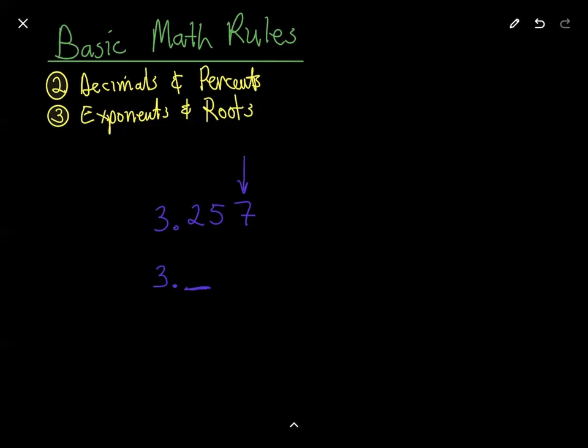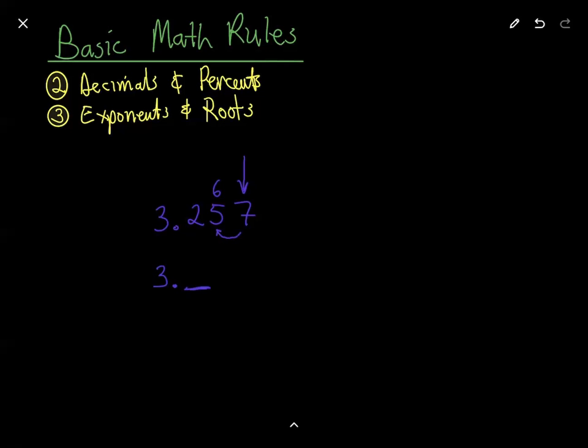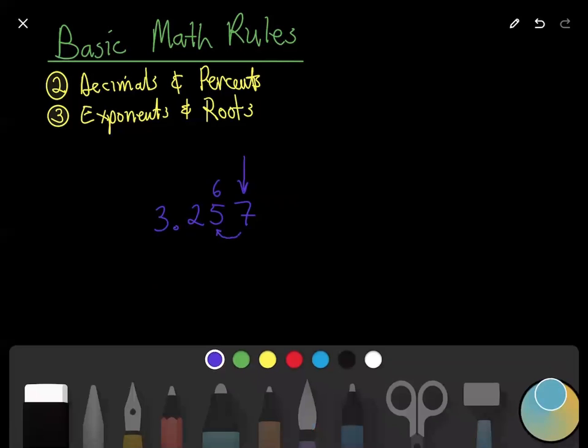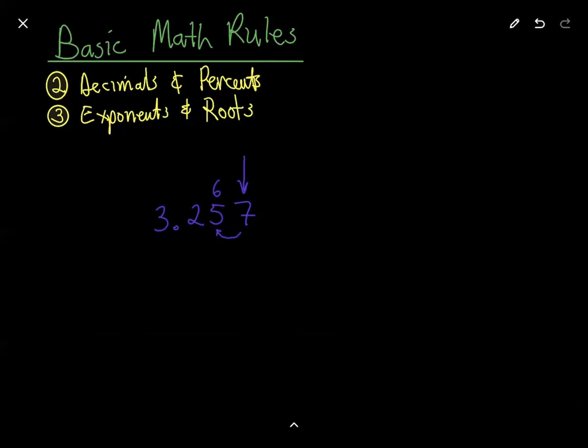So what we want to do to cut that off is round up the next number, 5, which is going to become 6. So now, let me get my eraser out here again. In this rounding, it's going to become 3.26 to get rid of the 7.